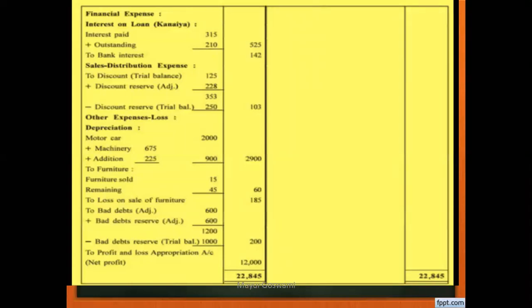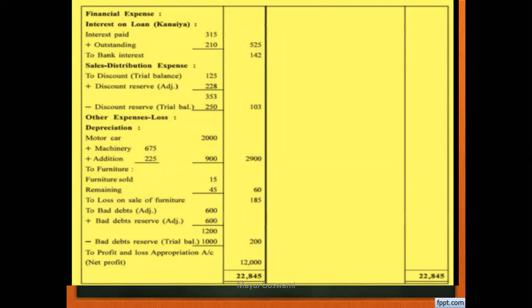So now the cost price of this furniture sold is 585 and it is sold to Kisan for rupees 400. So 185 is our loss. So right on the P&L debit side, loss on sale of furniture, how much? 185. So this is how we are giving total six effects of this adjustment.